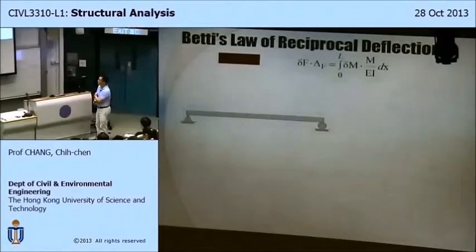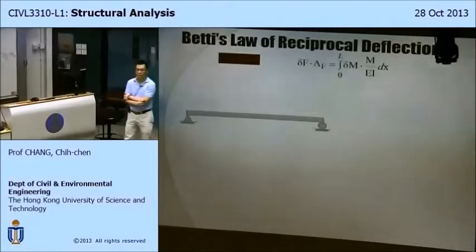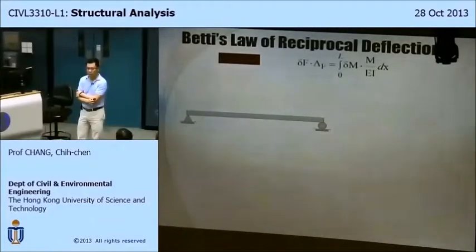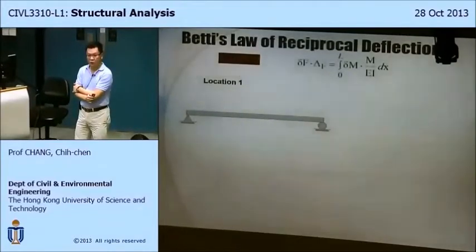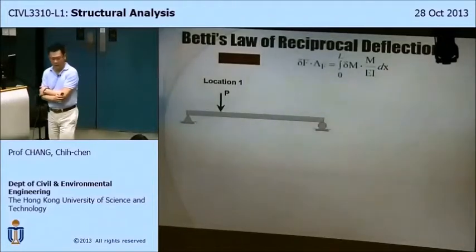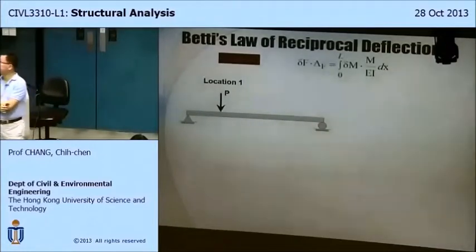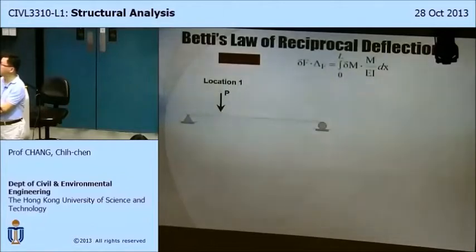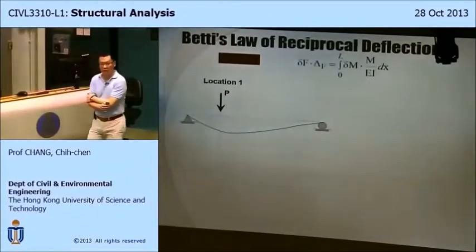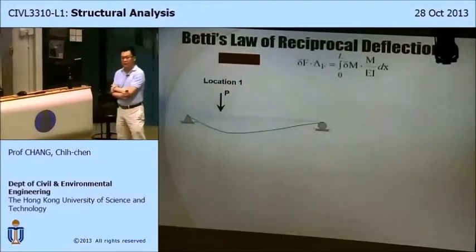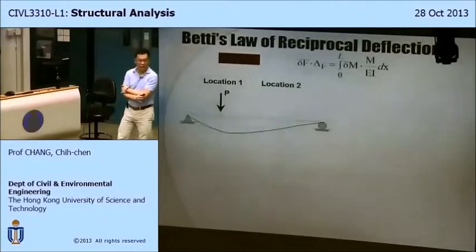So let's see. If I have a structure, I apply a loading at position 1. Here. Loading is P, applied at position 1. And the structure will deform. And I select a different location where I want to calculate displacement. Let's say location 2.